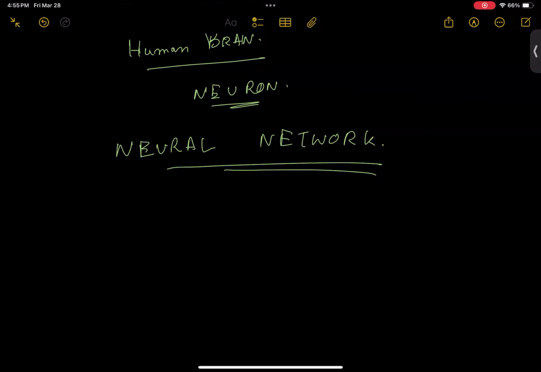It is just like our brain, which has millions of neurons that communicate with each other and help us recognize patterns, make decisions, and learn from experience. Artificial neural networks have artificial neurons that work together to recognize patterns in data. It is not just one algorithm or one segment of work, it is multiple segments.